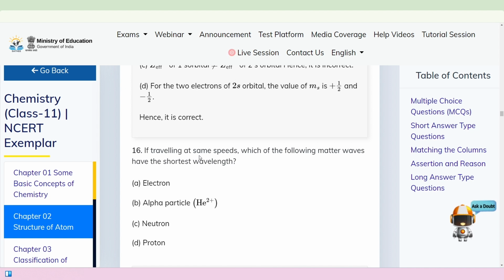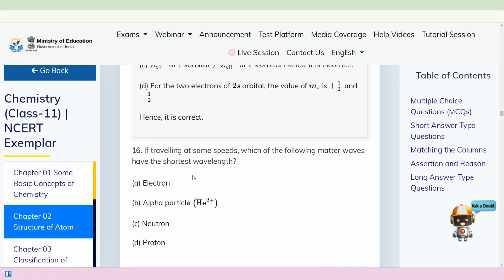But when it is asked in the exam, you may get confused because you have studied a lot of things, and applying the de Broglie principle at that point becomes difficult for some students, right? So you should be aware of all the structure of atom concepts. De Broglie is a very important concept, including the Heisenberg uncertainty principle.